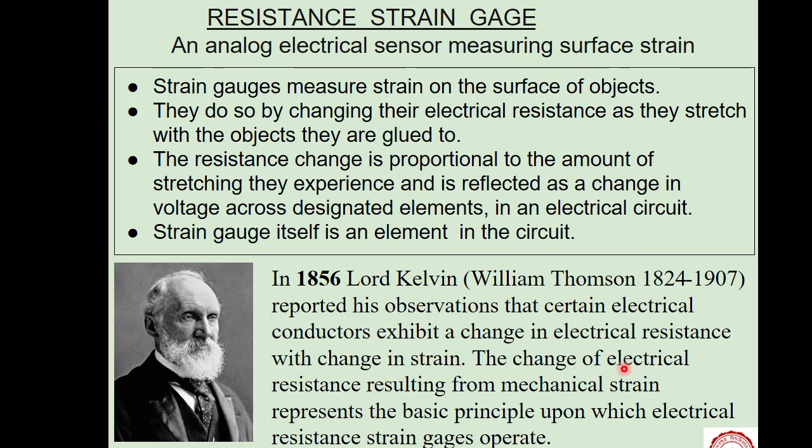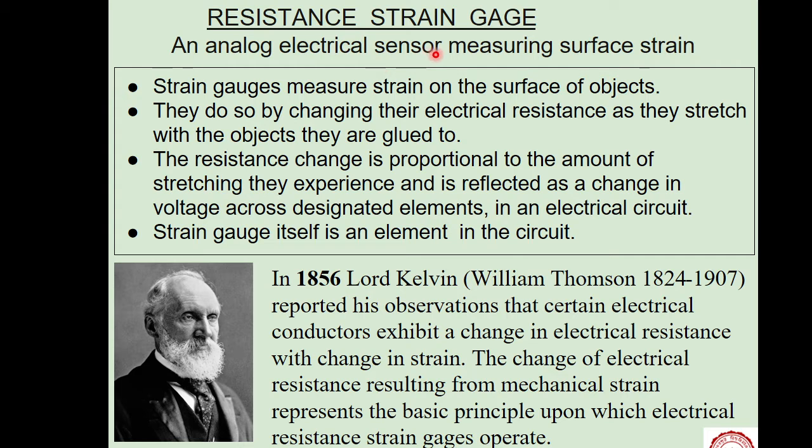So this change in electrical resistance resulting from mechanical strain is the fundamental principle upon which electrical resistance strain gauges operate. Starting from this experimental observation, gradually various types of strain gauges were developed. So what is a strain gauge? It's an analog electrical sensor.